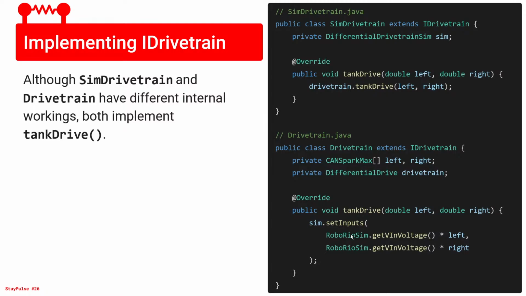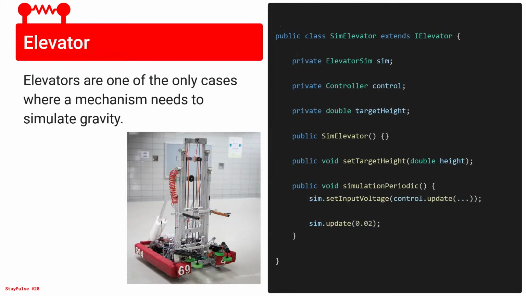Alright, so that's pretty much it for our drivetrain. We're going to go over some special cases, like an elevator. Elevators are the only case where you have to simulate gravity, and WPILib makes a special class for you, which will do that.